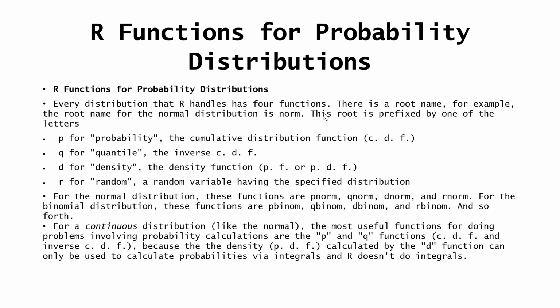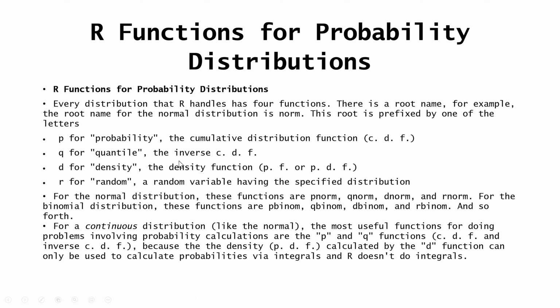Now, R has functions for different probability distribution models, and the function names always start with a P, a Q, a D, or an R. So what is that? P is for the cumulative probability function, so we will get the cumulative probability.